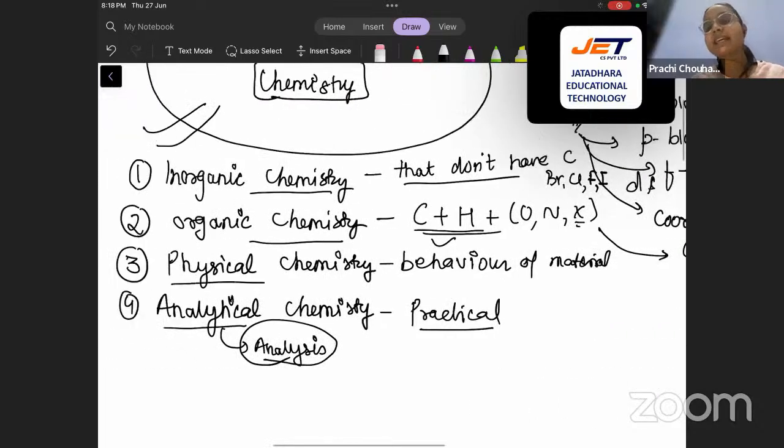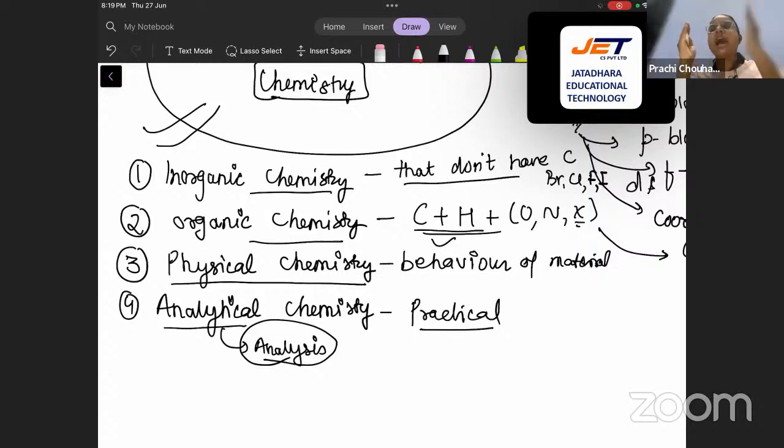Now, in physical chemistry, we will learn about how these substances behave, right? For example, if I take water and heat it, I'll see that water has converted to vapors. So I am going from liquid to vapors.